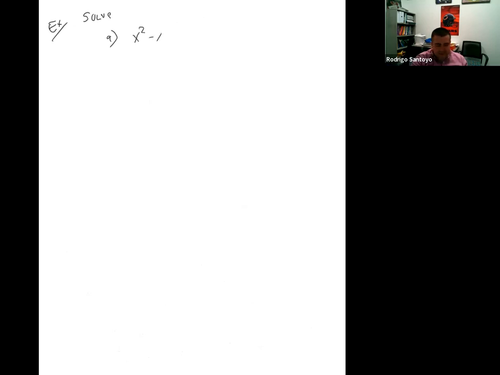x squared minus x equals 6. Notice that this equation does not equal 0, so what do you have to do first?